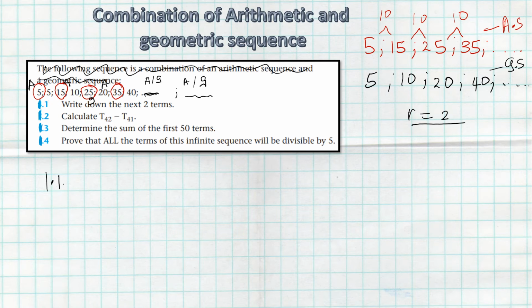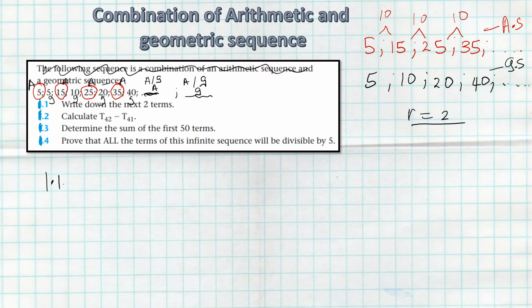Oh, sorry about that, I think I made a bit of a mistake. So it's arithmetic, geometric, arithmetic, geometric, arithmetic, geometric, arithmetic, geometric. So the one following here will be arithmetic, then here will be geometric, right?